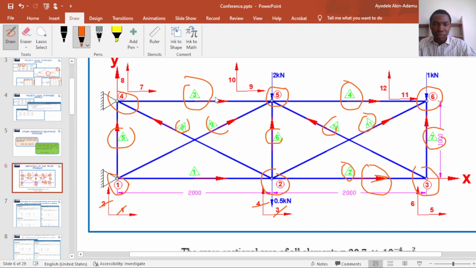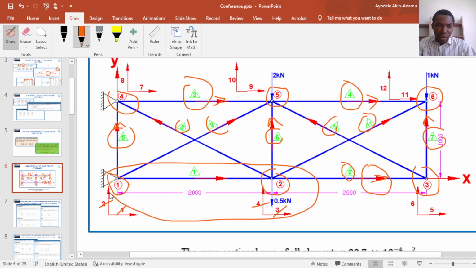For element 3, I'm using this direction. For element 4, element 5, element 6, and element 7, I'm using this direction in that manner. So for element 1, how do we define our theta for element 1?